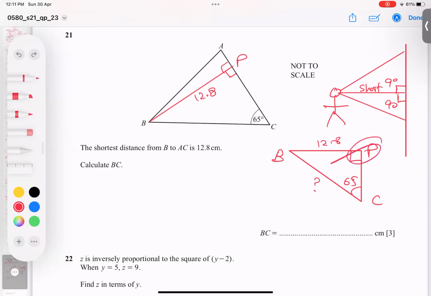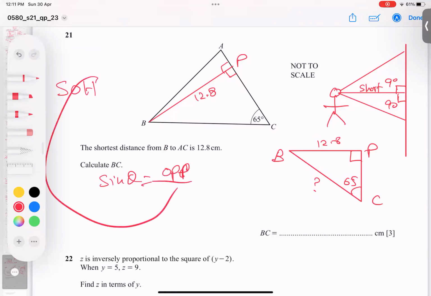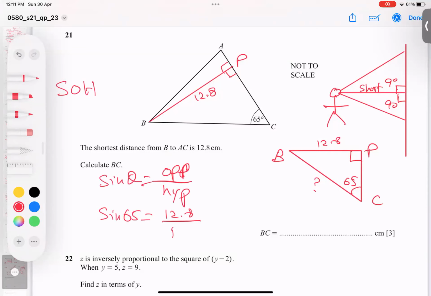In front of 90 is called hypotenuse. So opposite and hypotenuse. S stands for sine, O stands for opposite, and H stands for hypotenuse. So theta is 65, given. I will write 65. Opposite is in front of the angle, that is always called opposite. And I hope the idea is clear.